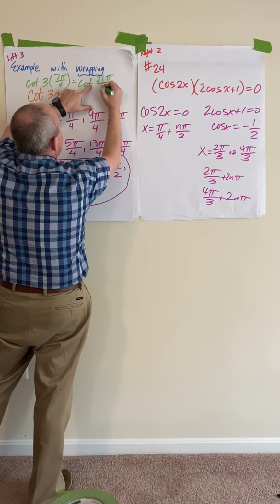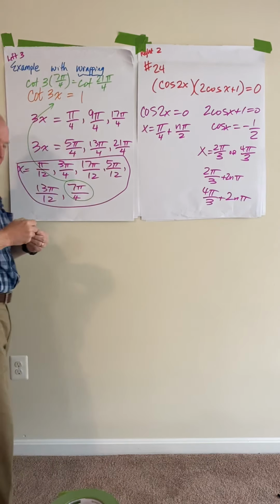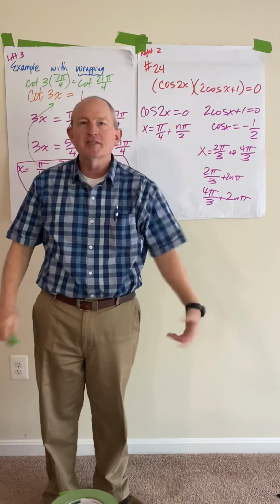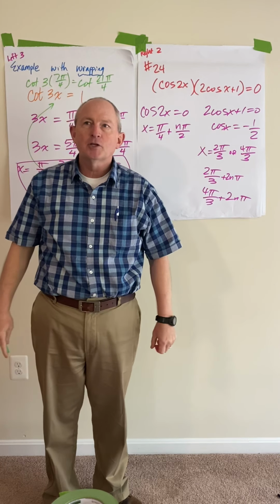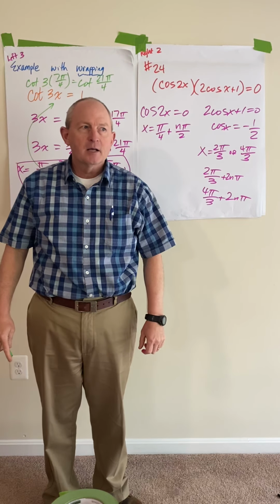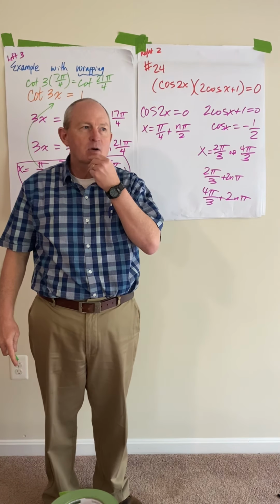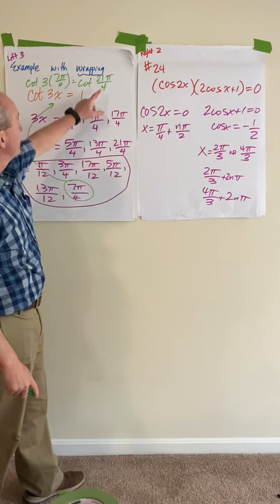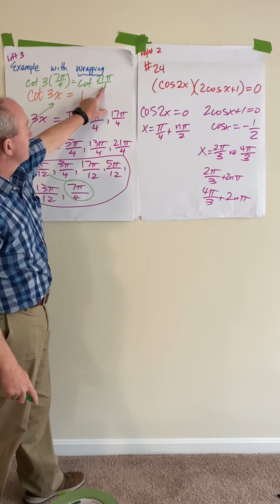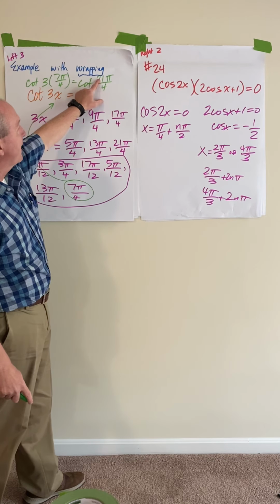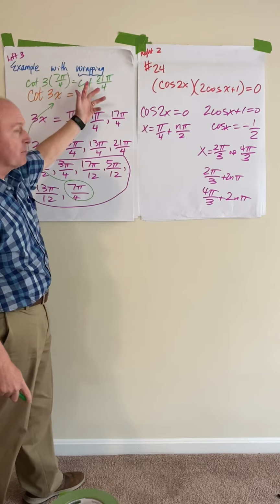Now I've got to think about reference angles. 4 goes into 21 5 times, so it's like 5 1/4 pi.